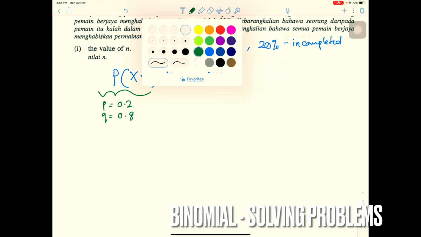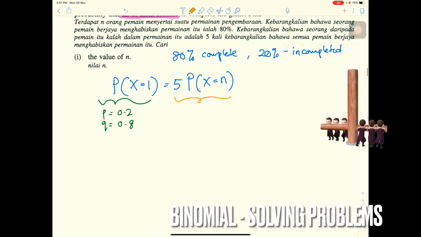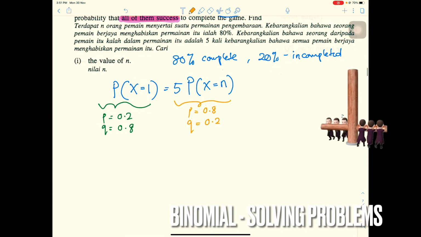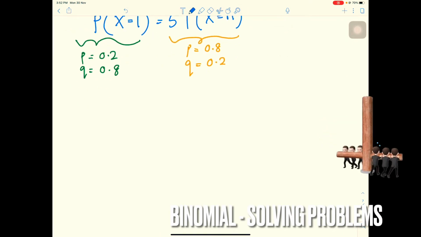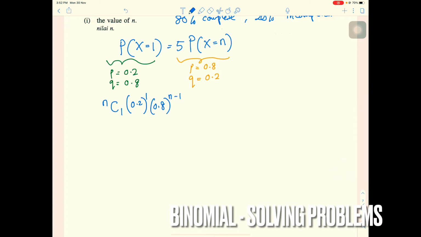And then for the complete, P equals 0.8 and Q equals 0.2. Okay, it is vice versa between P and Q for the left and right hand sides. And then substitute the values. So nC1 times 0.2 power of 1 times 0.8 power of n minus 1 equals 5 times nCn times 0.8 power of n times 0.2 power of n minus n.